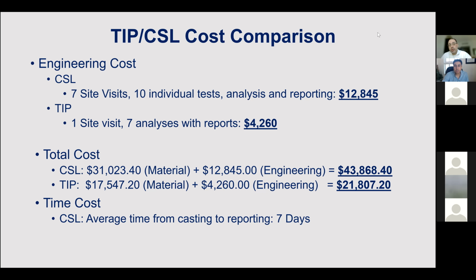If you have a huge project in which you have many lengths of wires deployed, I believe there can be further cost reductions. But even if it was a small project, well, this comparison was based in the United States.